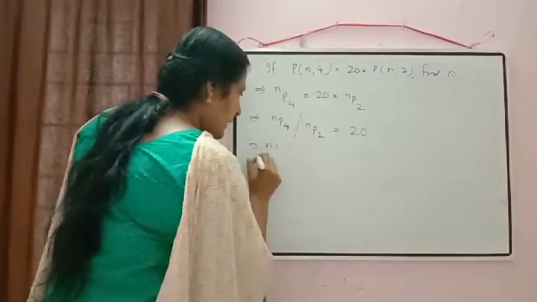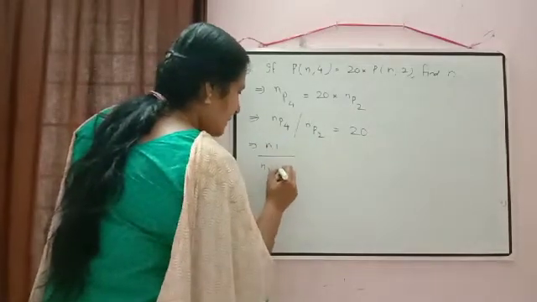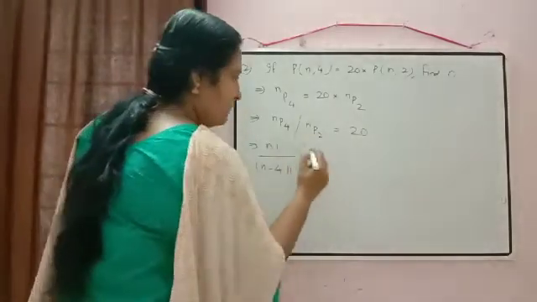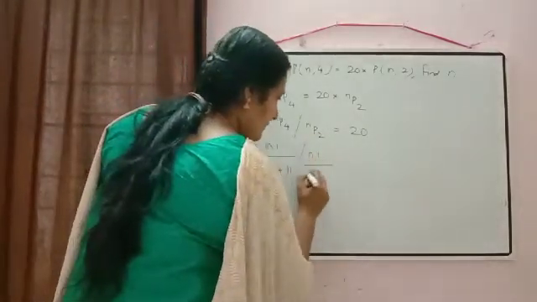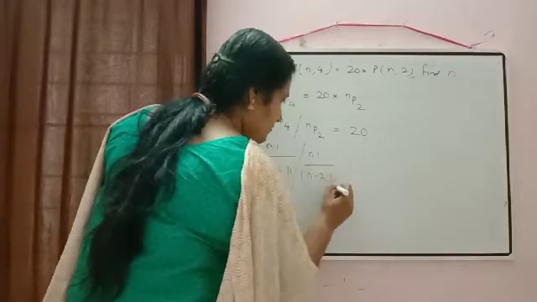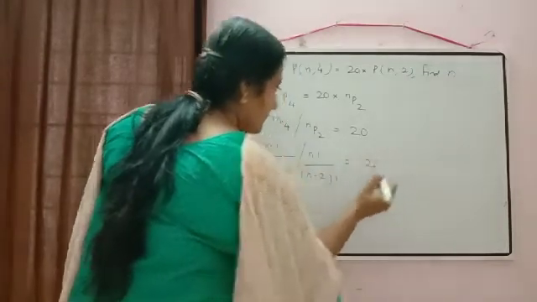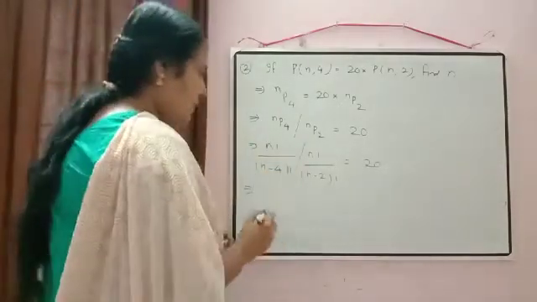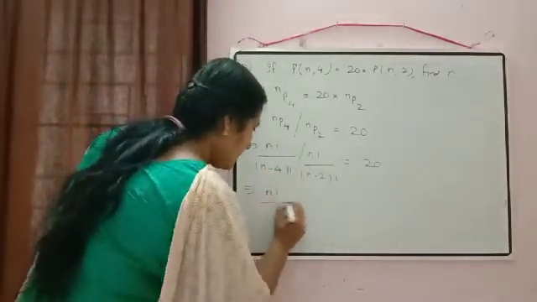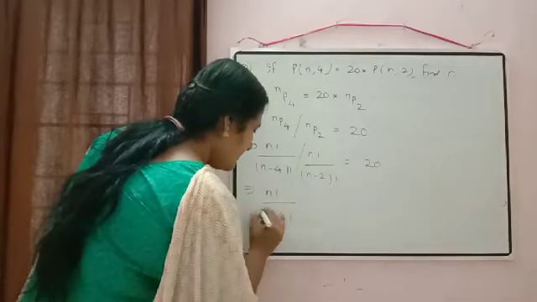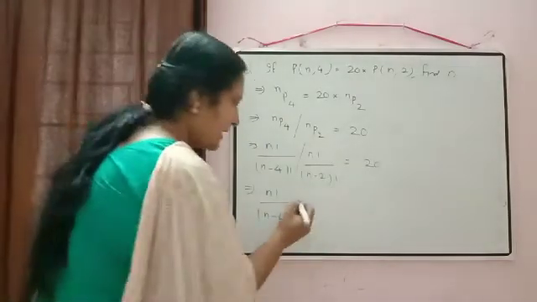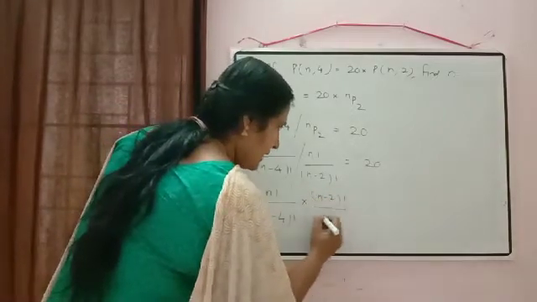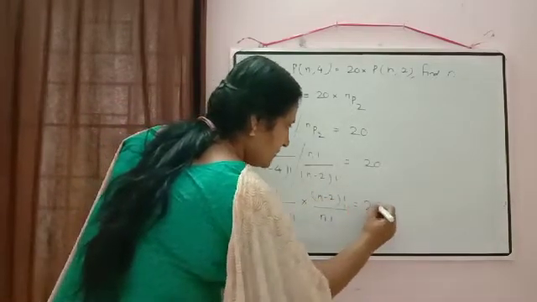It will come n factorial by (n minus 4) factorial divided by nP2, which will be n factorial by (n minus 2) factorial, is equal to 20. So now what we will do? We'll change the division into multiplication. Then it will be n factorial by (n minus 4) factorial into (n minus 2) factorial by n factorial is equal to 20.